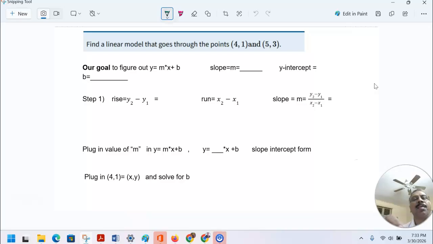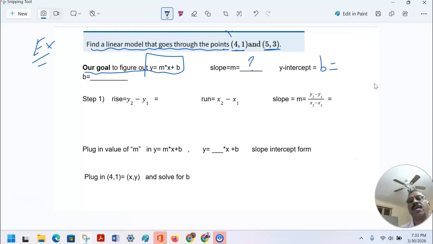In example number 1, I try to find a linear model that goes through points. So you have been given 2 points here. Our goal is to find y equals mx plus b, and we need to know what the slope is. You want to know what the b is. This is the question mark.